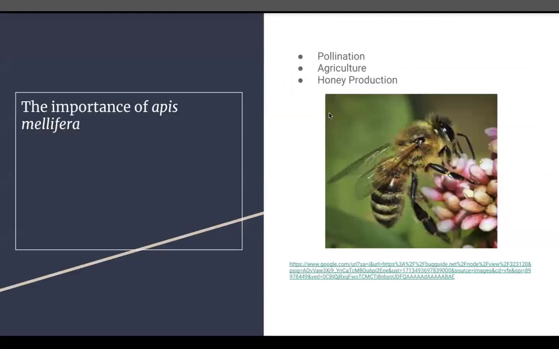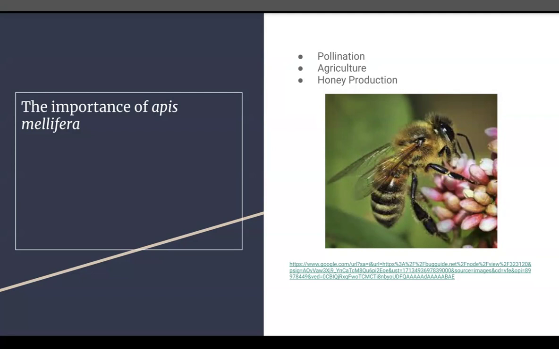So for my first slide, I want to talk about the importance and some general information about the Apis mellifera. The Apis mellifera were imported to the United States from Europe in the 17th century. The biggest role that these bees play is in pollination. They pollinate a wide variety of plants, including many crops that humans rely on for food.